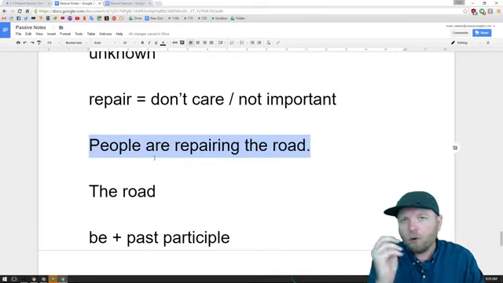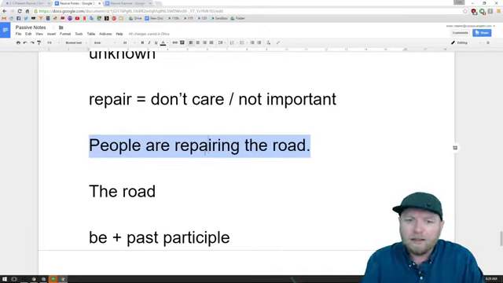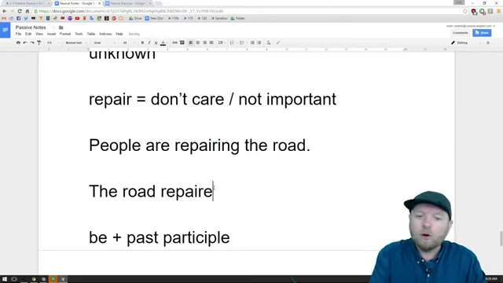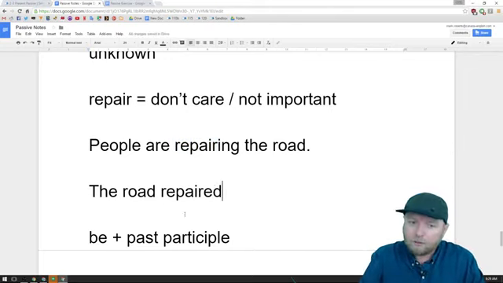What is the really important verb? Here is repair. So the past participle must be repaired. So the road repaired, right? So we have the past participle, repaired. But what about be? What about be, right?